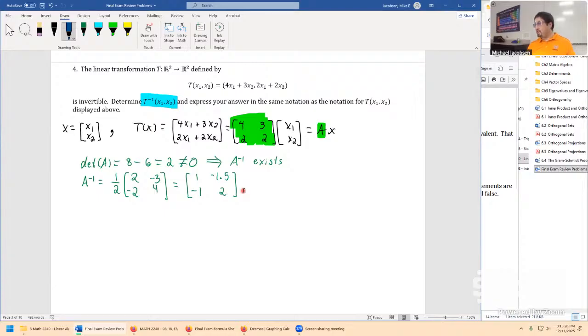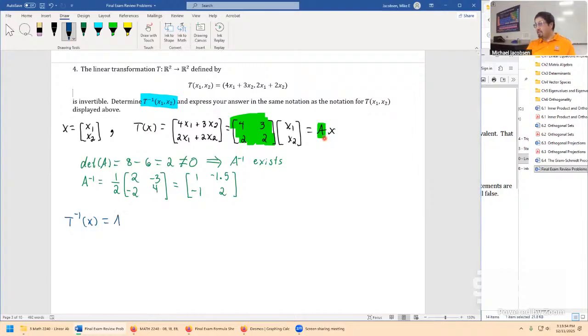Okay, so now inverting the original mapping that was given, it's kind of hard to see how this goes with just doing this from scratch, not using all these tools. But there's another awesome theorem that tells us T inverse is linear as well. That's nice. Along the same lines, T inverse of x is kind of defined in this sort of way, like T was, A times x.